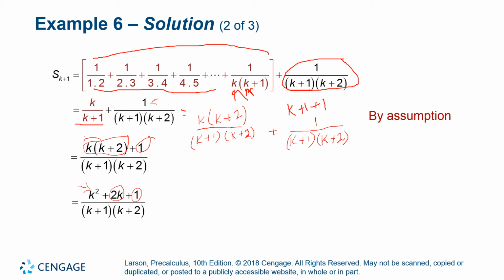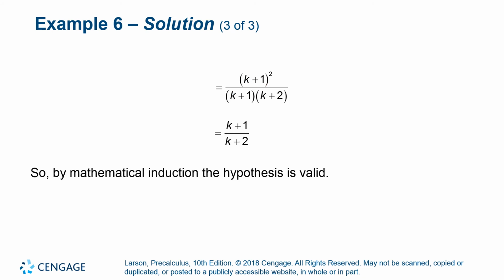So this is basically what this is equal to. And from the previous slide we did have k squared plus 2k plus 1 on top. On the bottom we had k plus 1 times k plus 2.